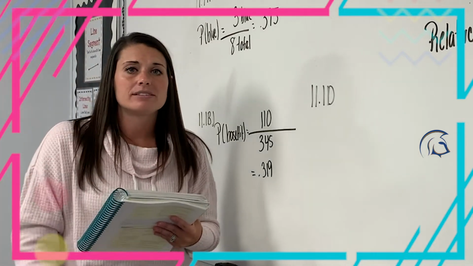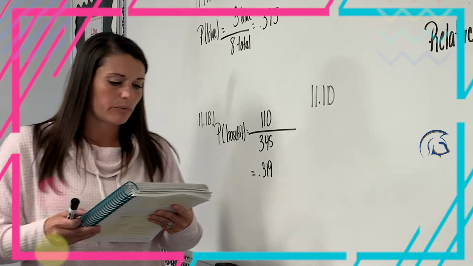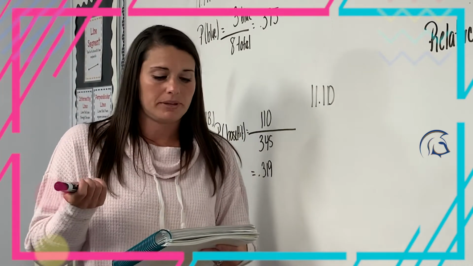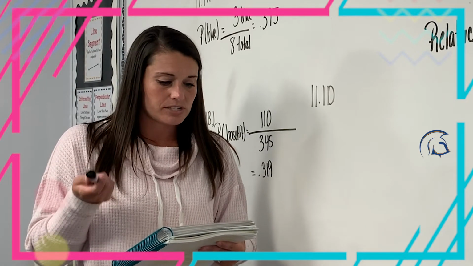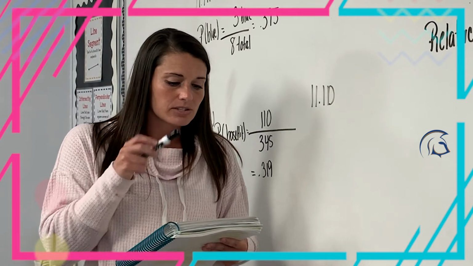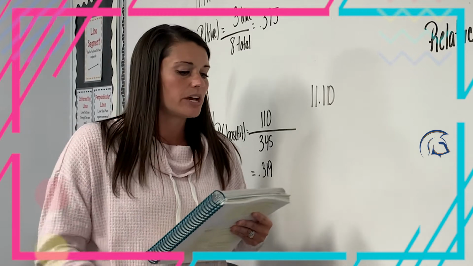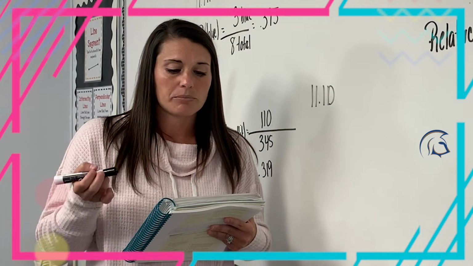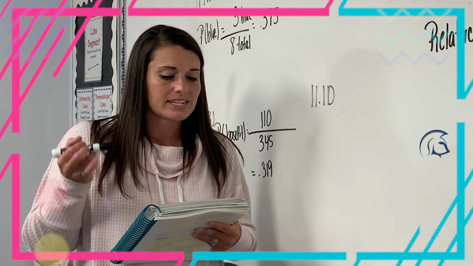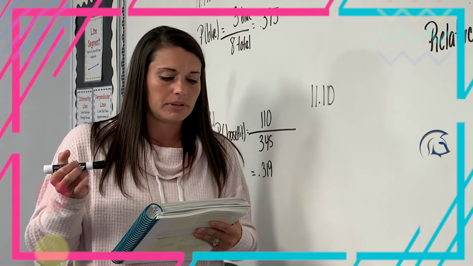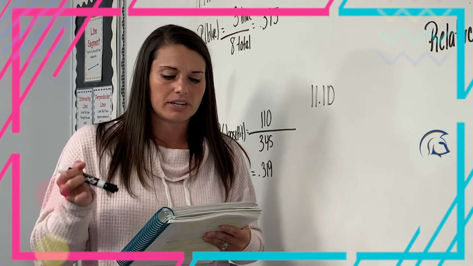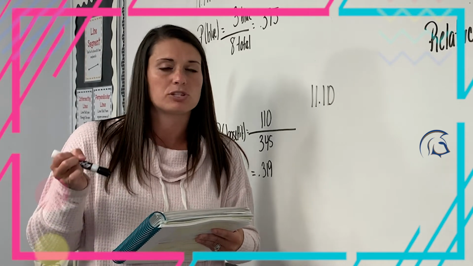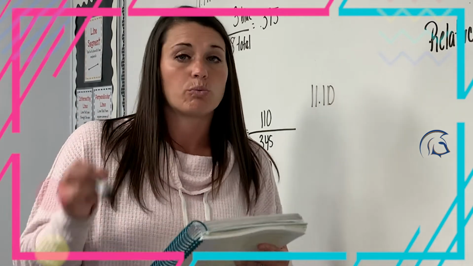Now, with that being said, in section 11.1c, there are rules to probability, and this is something you just need to pay attention to. I'm going to read this little section to let you know. It says because relative frequency cannot give a number greater than 1 or less than 0, the rule of probability states that the probability of some event must be between 0 and 1.